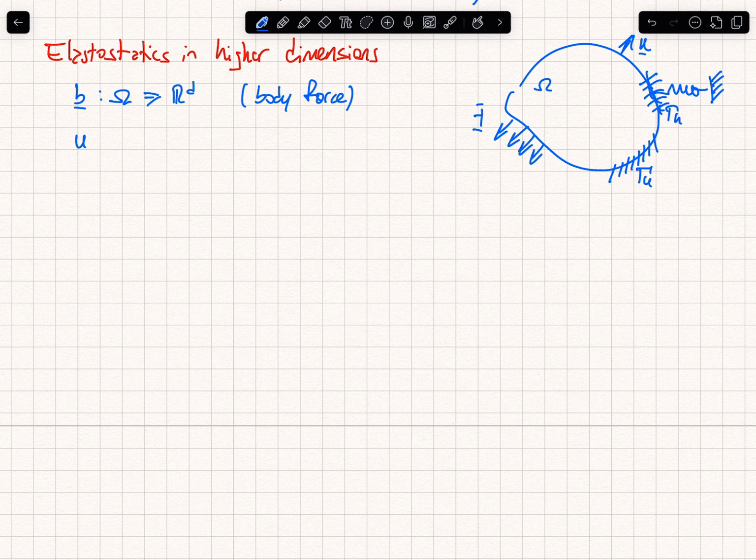We have our prescribed displacement, which is a vector field. We have our prescribed traction, gamma t.